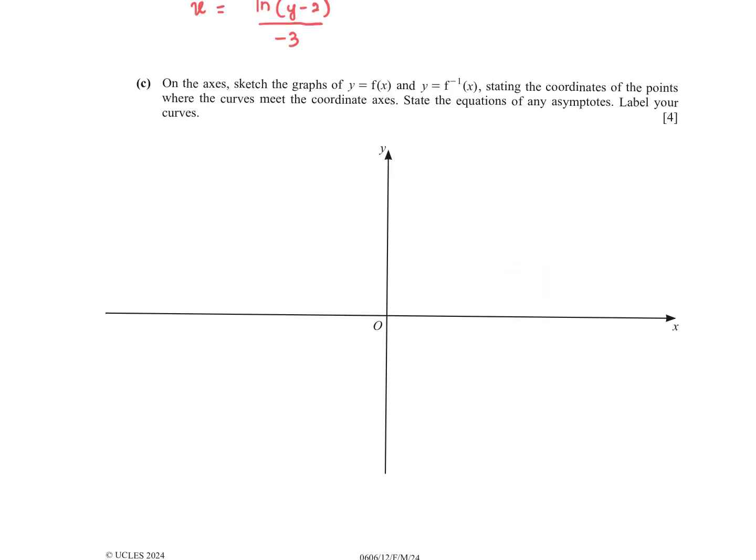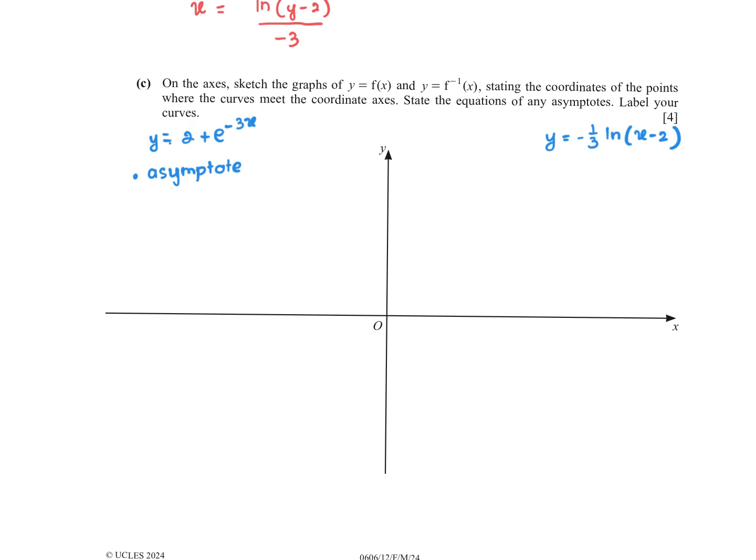Okay, we will sketch the graph of y equals 2 plus e to the powers of negative 3x and y equals negative 1 over 3 ln(x minus 2). Okay, let's start from here. Let's find the asymptote line. Asymptote line is the line that never meets the curve.